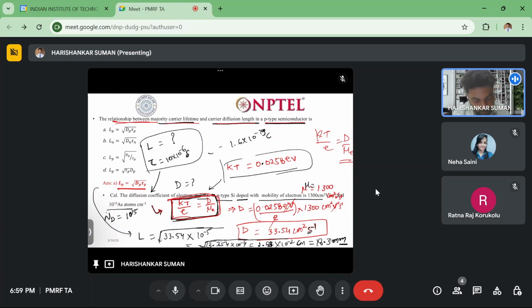Next, calculate the diffusion coefficient of the electron at 100 Kelvin in an n-type semiconductor, with the mobility of the electron given and the doping given as atoms per centimeter cube.